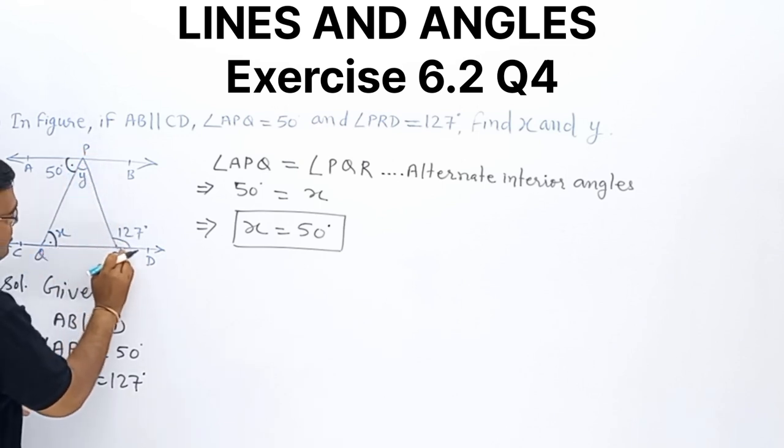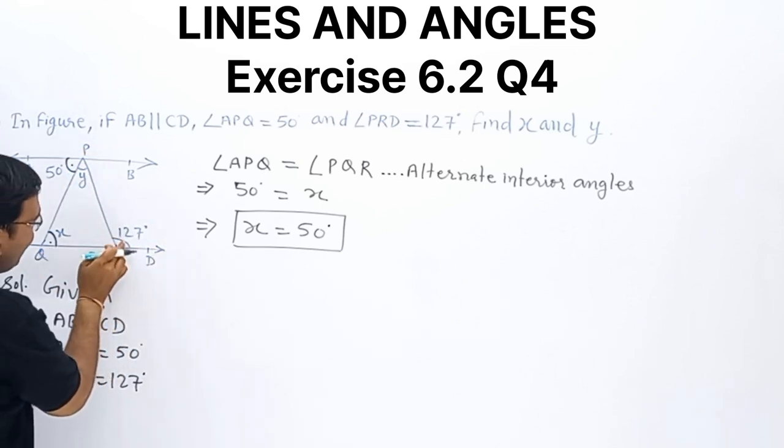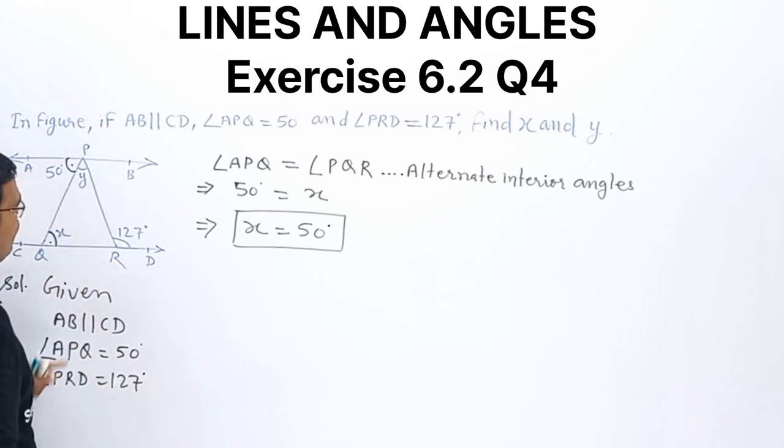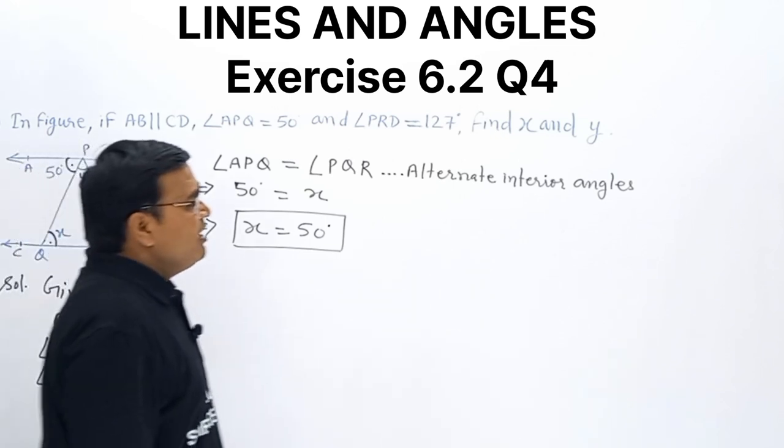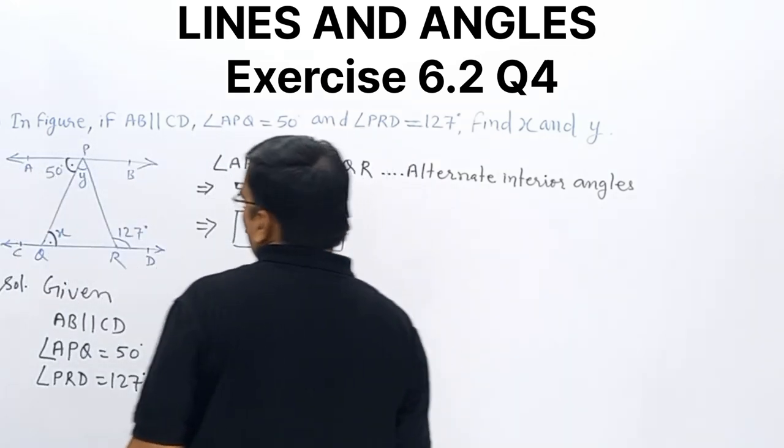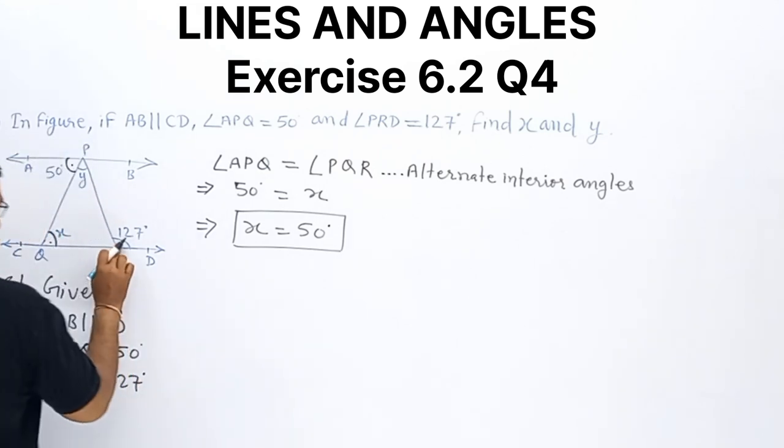Once we extend this side, this is the exterior angle of this triangle. So this exterior angle is equal to the sum of the interior opposite angles of a triangle. Observe what this is.